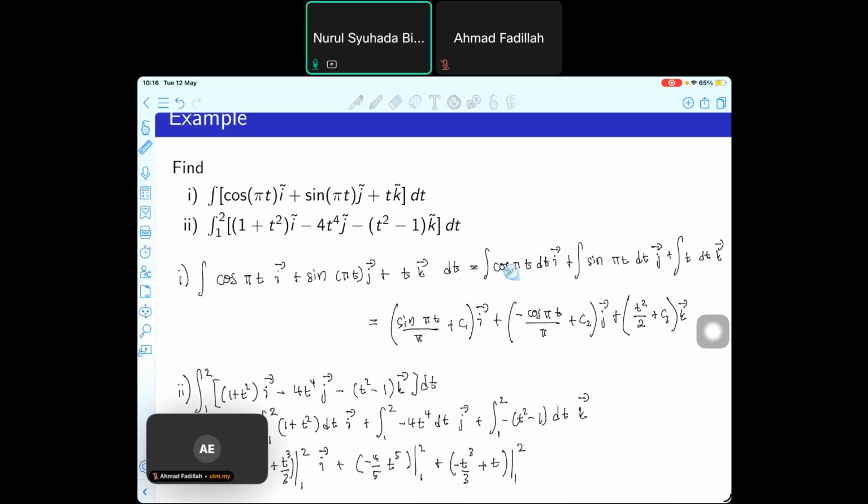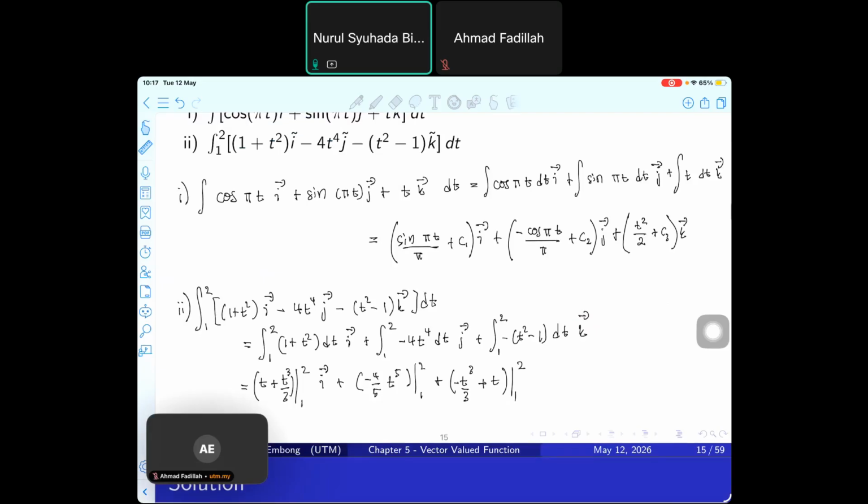After you do the integration, you need to add the constant with respect to the ith component, c1. Then integrating sine pi t is equal to negative cos pi t over pi plus c2, the constant for the j component, and t squared over 2 plus c3. So I add in another constant with respect to the k component. So this is the final answer for the first question.